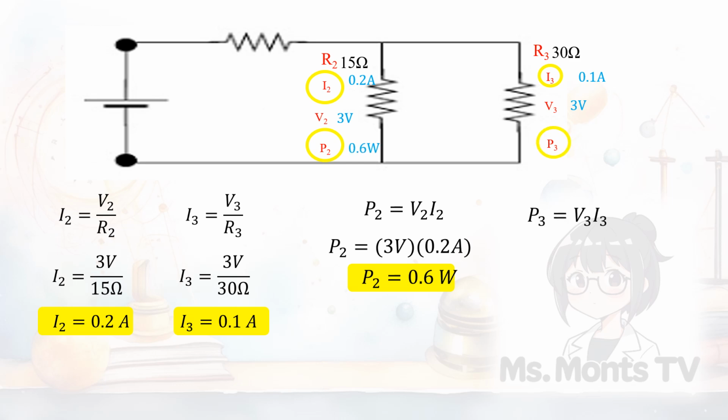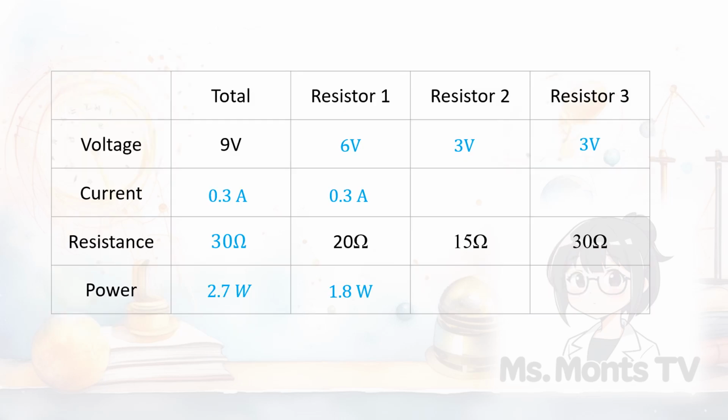And P3, we have V times I, 3 volts times 0.1 ampere, that is 0.3 watts. So let's fill up our table. 0.2 amperes, resistor 3, 0.1 amperes, power is 0.6 watts, and 0.3 watts. So if you notice, the power is 0.3 plus 0.6 plus 1.8, that is a total of 2.7 watts.